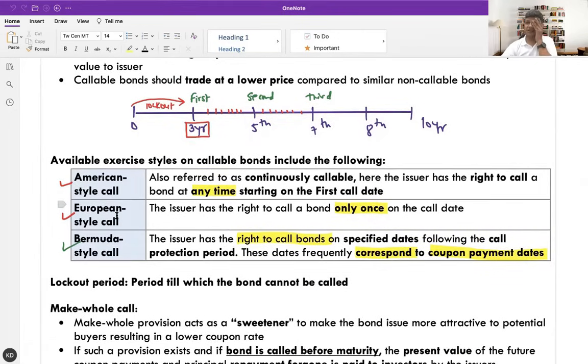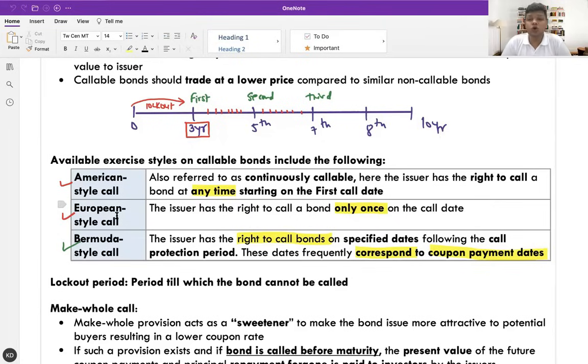Now, think like an issuer: after 3 years, the yields go down. Isn't it beneficial to the issuer to go for the callable option and reissue the bonds? Yes. But for the investor, it's a huge loss, right? Because the investor will now have to reinvest at a lower yield. Correct? So many times investors don't want to invest in such a bond.